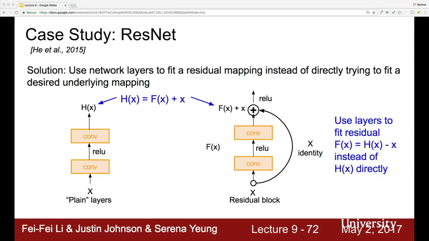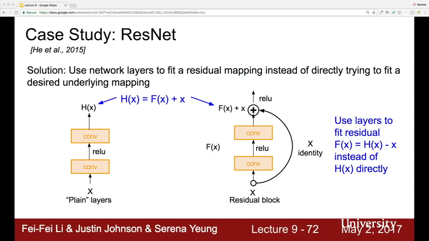So this is a network architecture that has our weight layers learn this residual. That way it'll more likely be something close to x, just modifying x, than to learn the full mapping of what it should be. Okay, any questions about this?